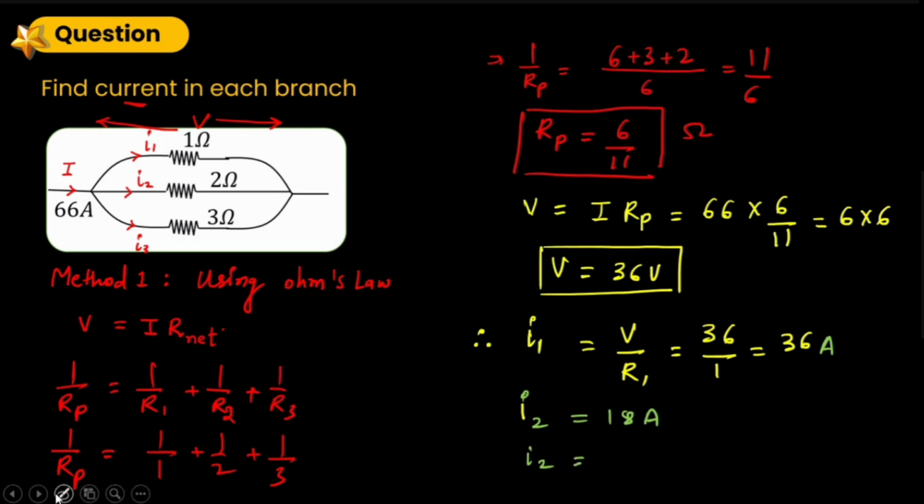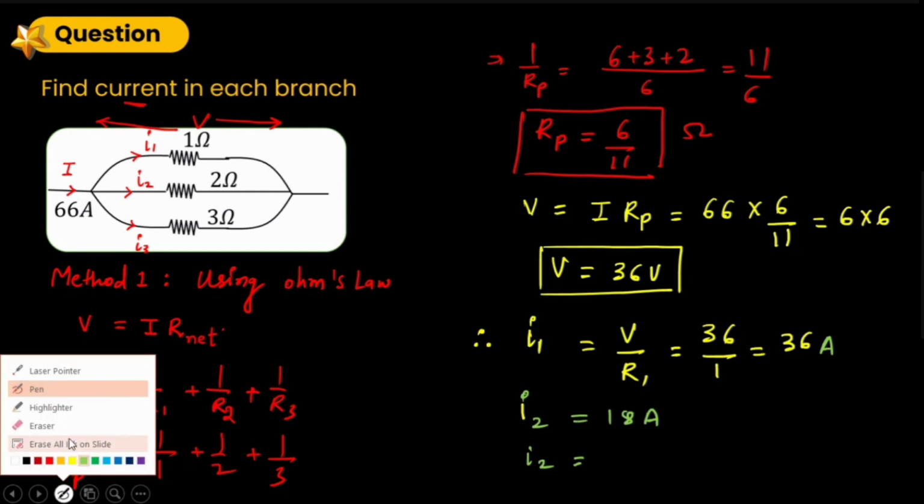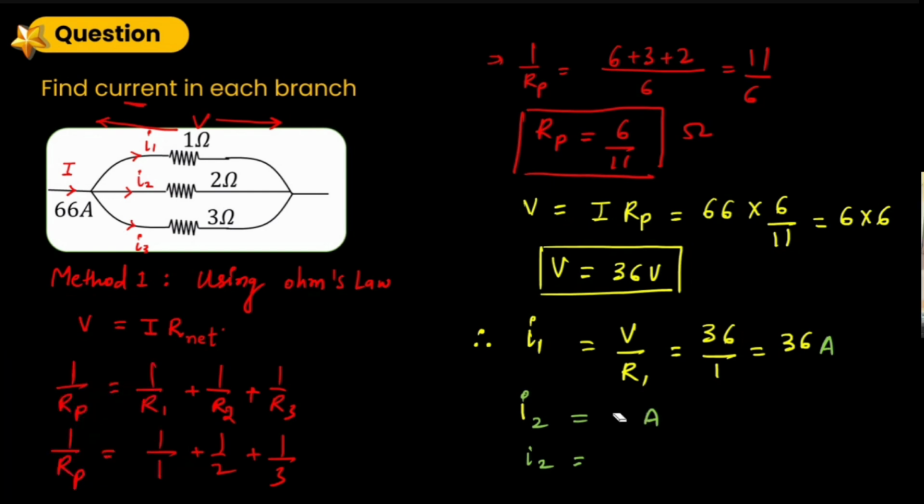Wait, let me check again: potential is 36 volts, yes, it's correct. It should be 36 by 2, that is 18, and 36 by 3, that is 12 amperes.